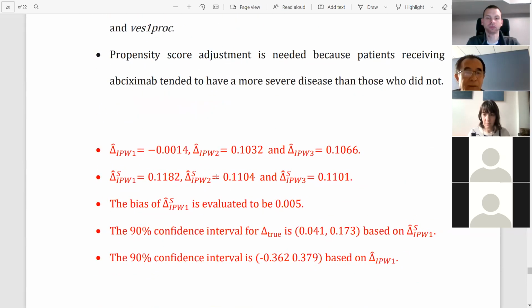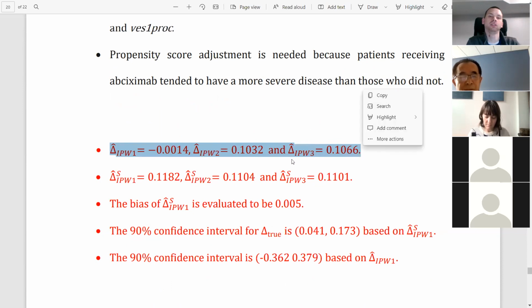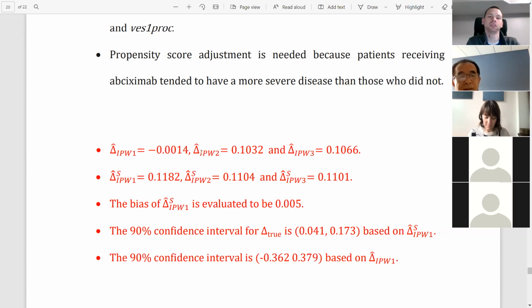Here it's very telling. If you do the raw IPW1, IPW2, and IPW3, the IPW1 is in fact negative, and IPW2 and 3 are very close. If you use the smoothed version, all three are basically the same.